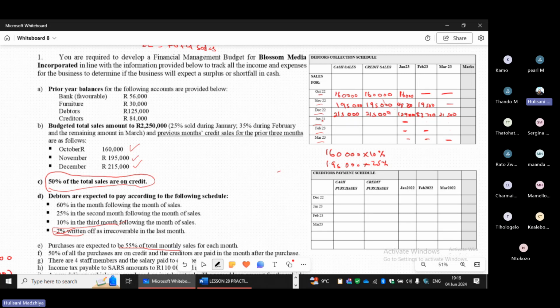And then we can calculate the January sales. I'm going to erase this over here. January sales will equal the total budgeted sales of 2,250,000, multiplied by 25%.